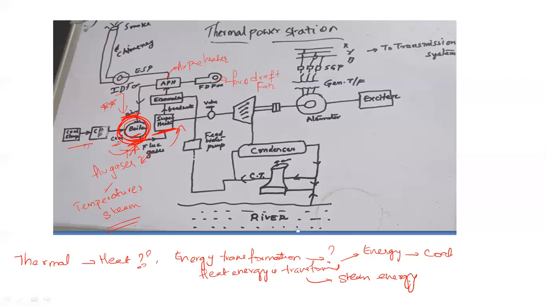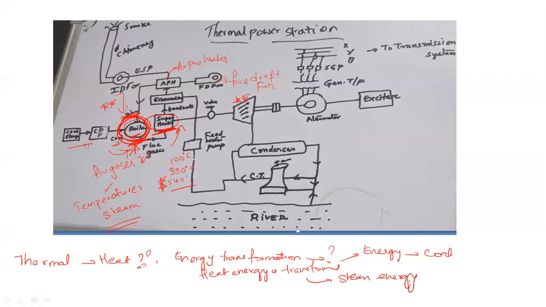Initially, the temperature will be 100 degrees, then 330 degrees, then it will be 540 degrees. Then this 540 degrees steam energy is converted into mechanical energy in the turbines as shown here.